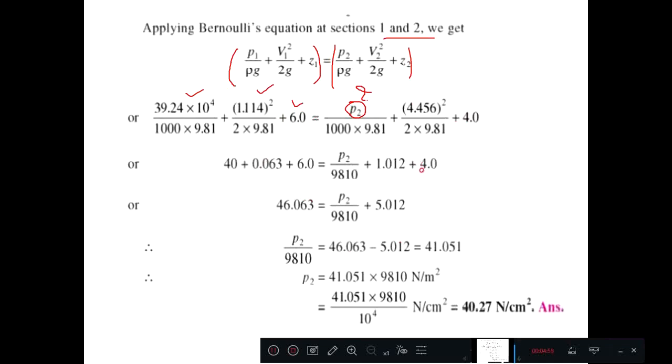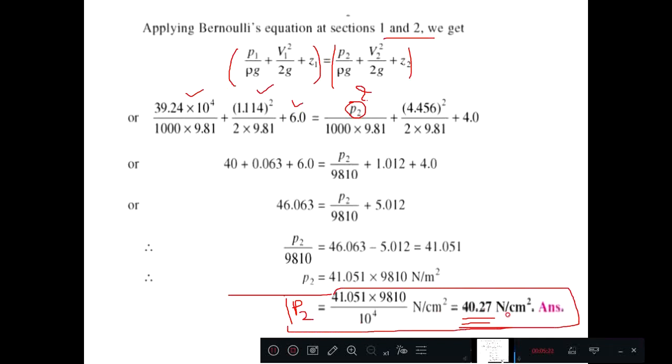After simplification, we finally get the answer as 40.27 Newton per centimeter square. This is P2. At section 2, the pressure is 40.27 Newton per centimeter square. You have to keep the pressure in terms of Newton per centimeter square, because at section 1 the pressure is also given in Newton per centimeter square. So this is the answer.